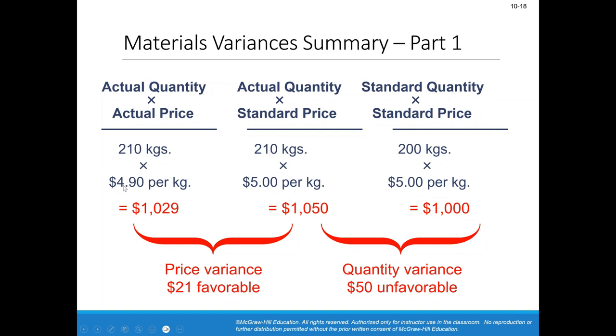And we've already accounted for the difference in the price. So we're going to multiply the 10 times the 5, and really that gets you the $50 here, or 1,000 minus 50. So we have an unfavorable quantity variance. We used more than what we thought we would, but we saved a little. So the net variance is going to be a negative $29.